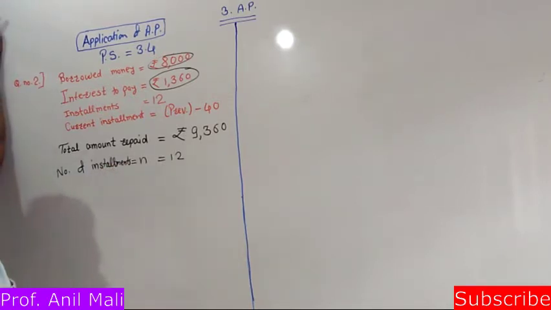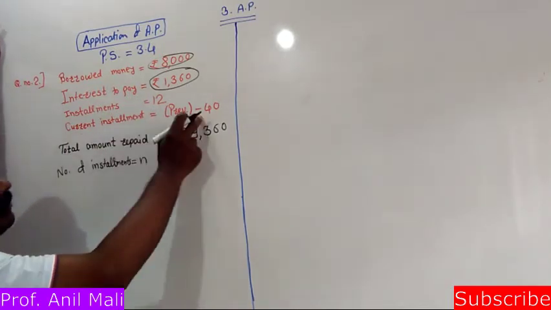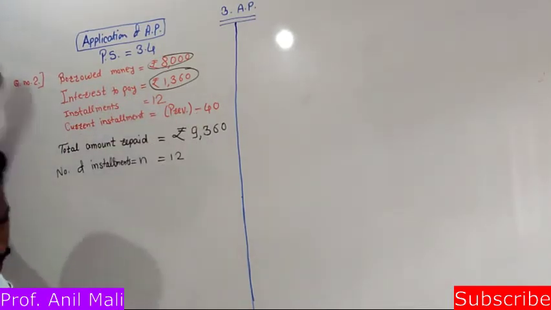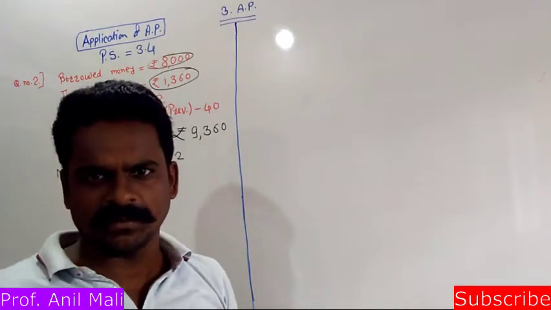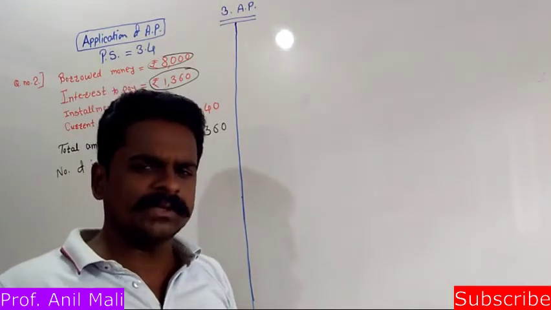Then what have they given us? Current installment is equal to previous minus 40. Every time he is going to pay 40 lesser than the previous one.